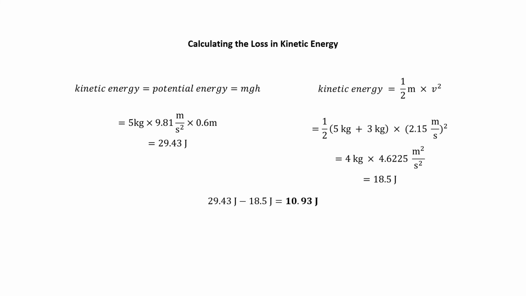By subtracting the kinetic energy after impact, 18.5 joules, from the kinetic energy before impact, 29.43 joules, we find that the loss of kinetic energy in the system upon impact is 10.93 joules.